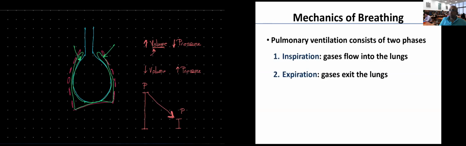What happens during inspiration? During inspiration, the diaphragm is going to be contracting and moving down like this. The diaphragm moves down. So what happens to the volume of my thoracic cavity? If the diaphragm is depressed and moves down, what happens to the thoracic cavity volume?